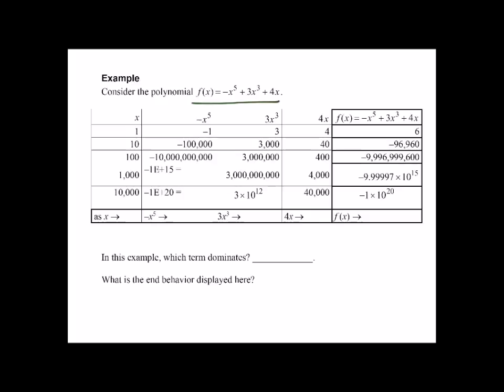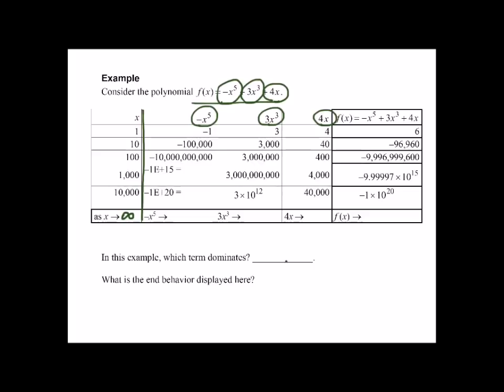If we separate out each monomial, in this case the negative x to the fifth right here, the 3x cubed right here, and then the 4x, by looking at different x values, going from 1 all the way out to positive infinity, I want to see what happens to the function values on those monomials alone and compare which one gives you the dominating power, which one gives you a much bigger number than the rest.